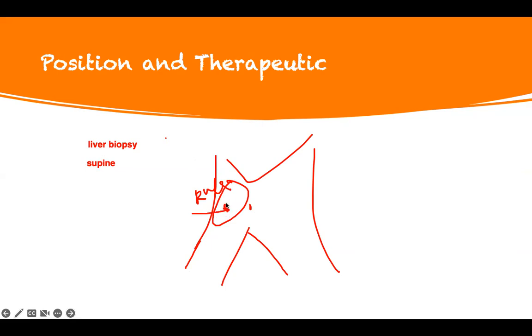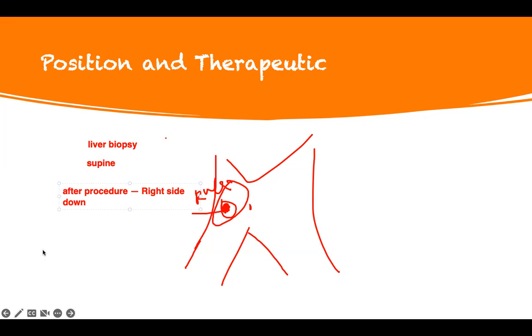After the biopsy, we've got to put pressure here. We can put pressure with our hand, but gauze cannot put pressure. So after the procedure, you have to put the patient on the right side, right side down. That area down will put pressure there and prevent bleeding.